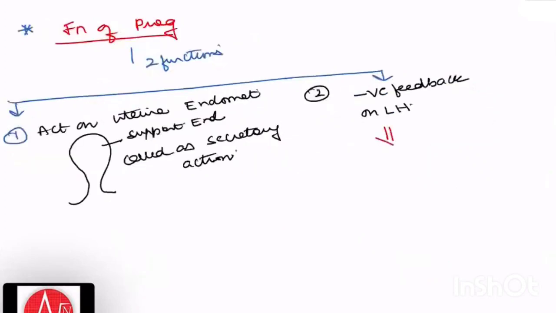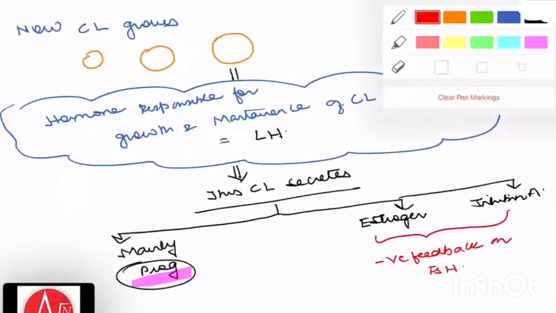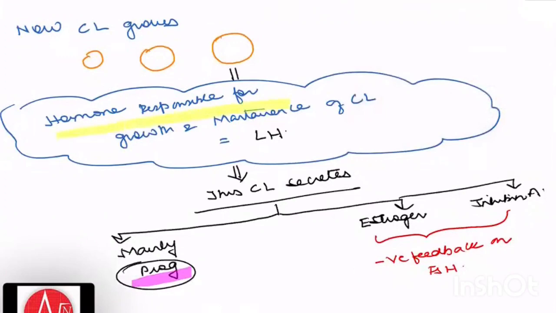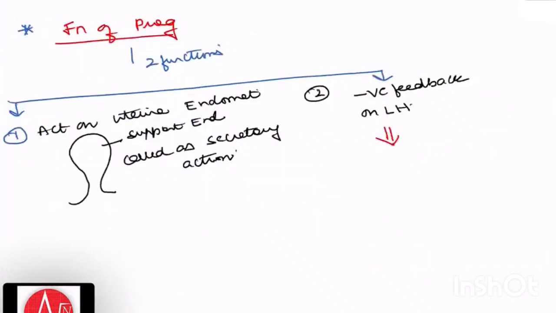Now, because progesterone will have a negative feedback on LH, and just now I told you that the hormone needed for growth and maintenance of corpus luteum, जो hormone corpus luteum को grow करा रहा है, जो hormone corpus luteum को maintain करा रहा है, वो है LH. And progesterone ने उसी hormone को कम कर दिया. तो जब progesterone LH को कम कर देगा, so what is going to happen to corpus luteum? Corpus luteum will start degenerating. Right?